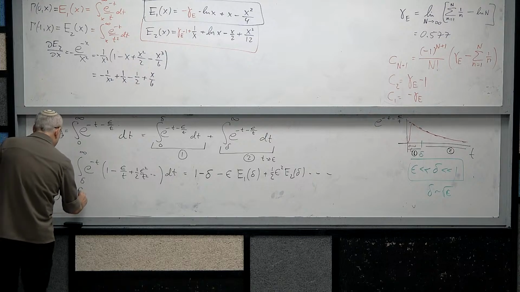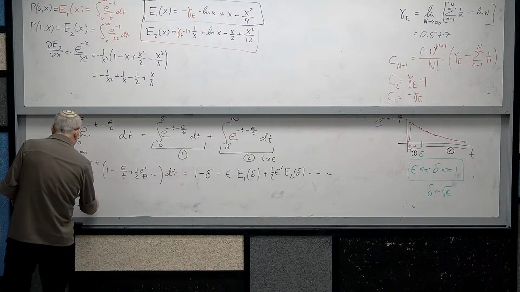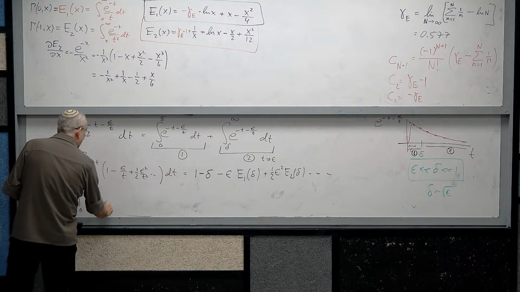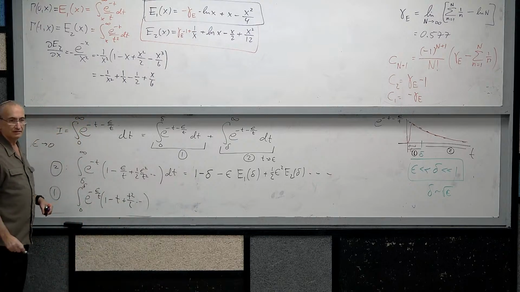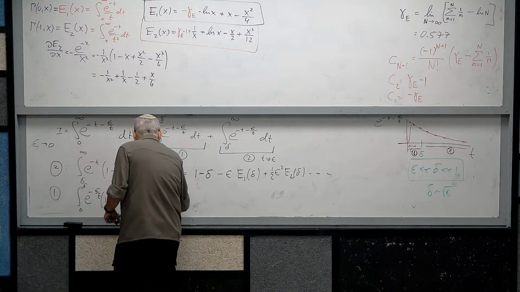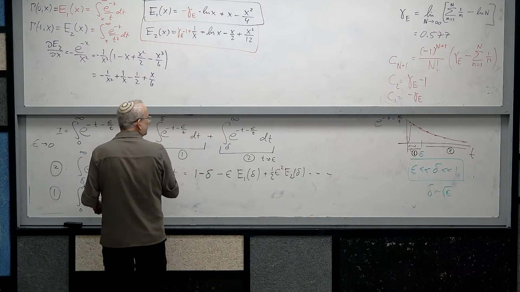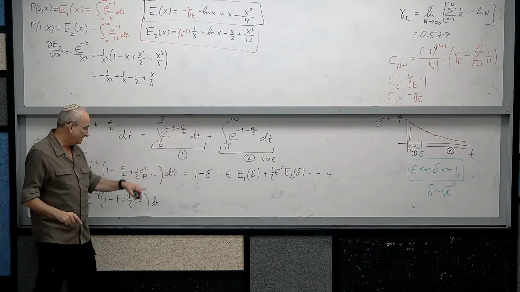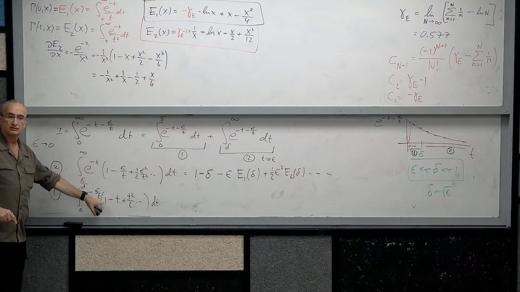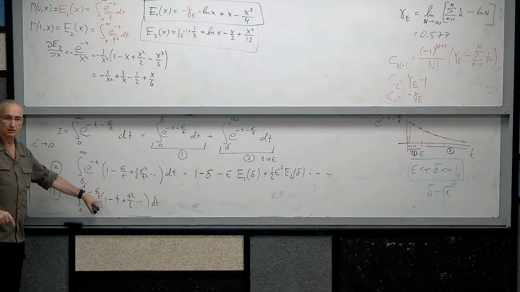So I can write it as the integral from 0 to delta of e to the minus epsilon over t times 1 minus t plus t squared over 2, and so on, dt. So in regime number 2, I expanded the e to the minus epsilon over t. Here I am expanding the e to the minus t, because now t is small. But epsilon over t may be very large.